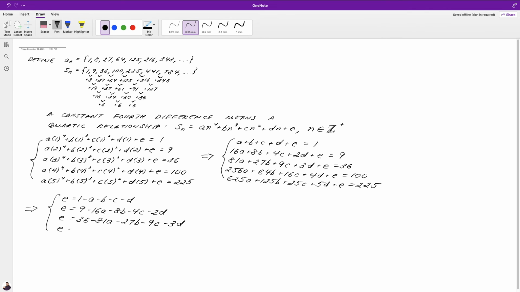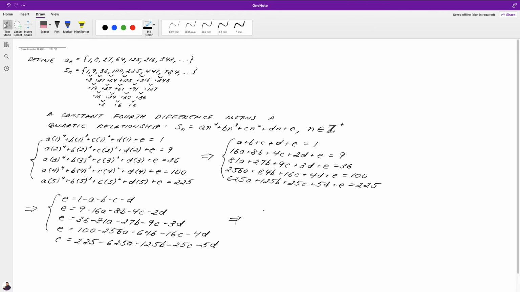Fourth equation, we have e is equal to 100 minus 256a minus 64b minus 16c minus 4d. And then fifth and final equation here, we've got e equals 225 minus 625a minus 125b minus 25c minus 5d. Okay. I think we're good to go.